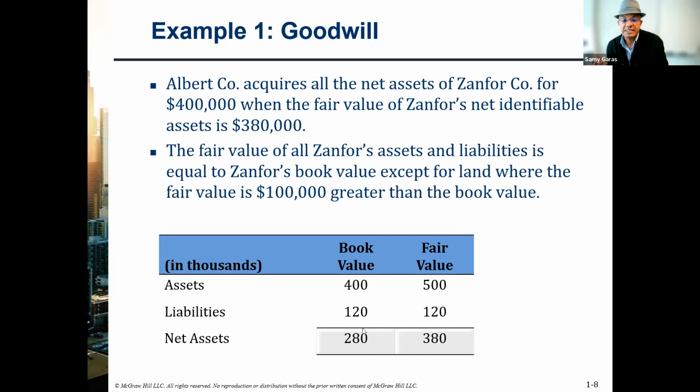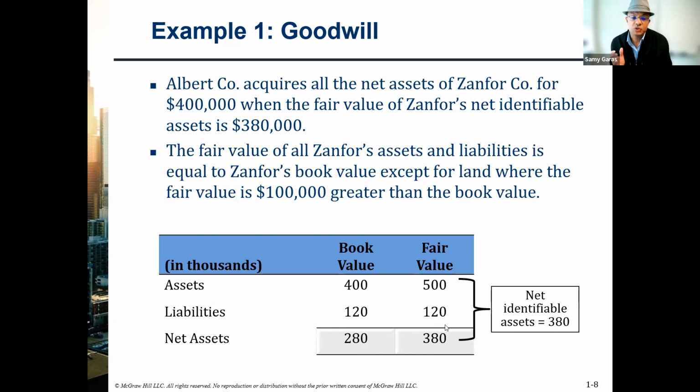And the net assets are 280. What do we mean by net assets? You call it the ownership. But the land has a higher fair market value by 100. So here we can see the fair market value of the assets is higher than the book value by 100, and the net identifiable assets are 380.